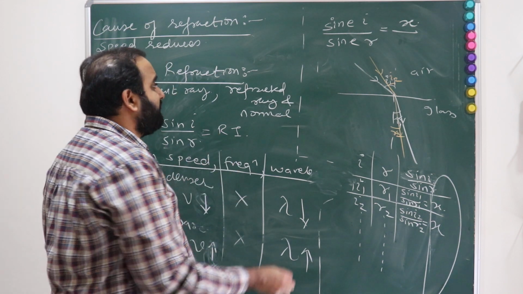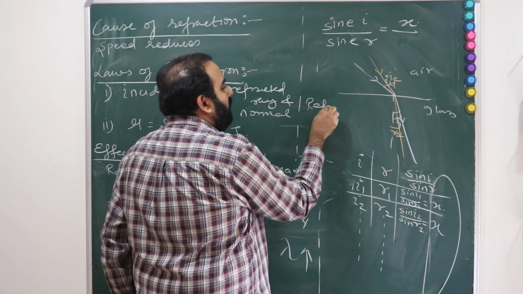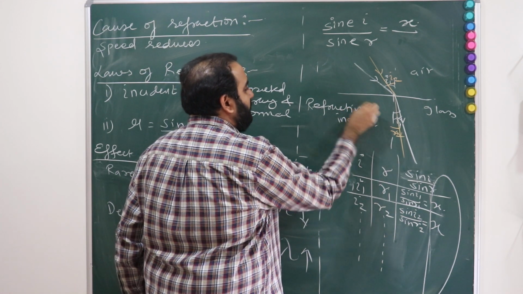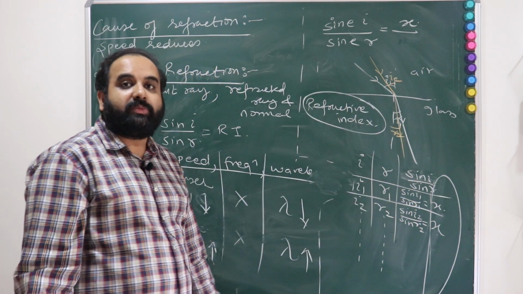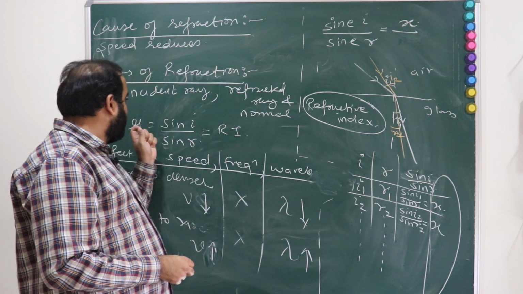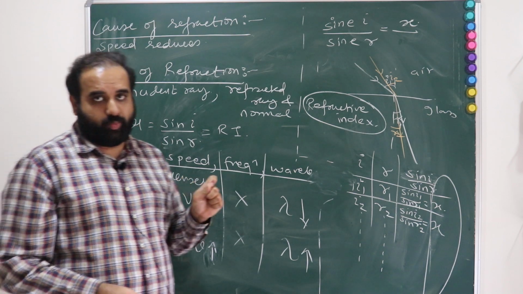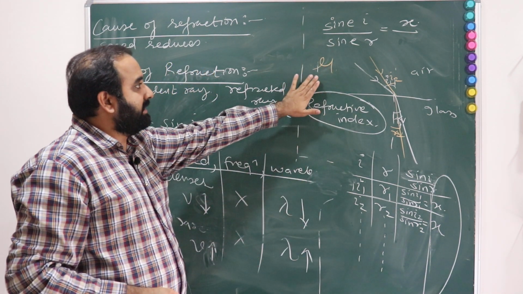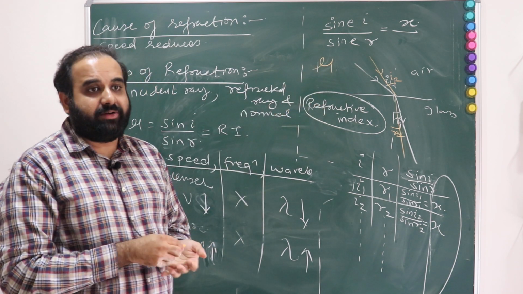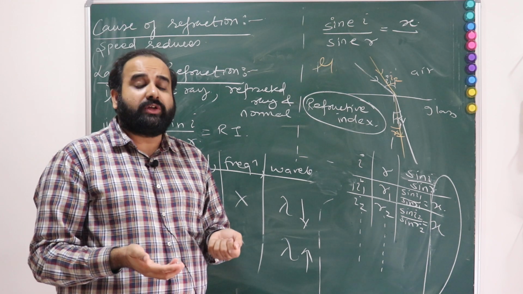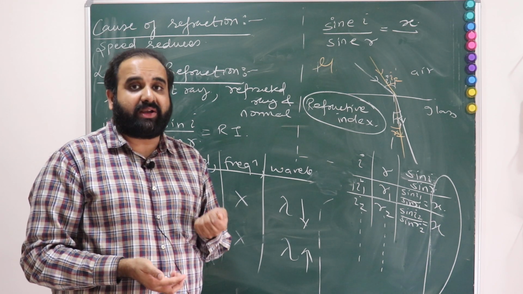And this constant value is nothing but called the refractive index. Everyone there with me? This particular value is called the refractive index, denoted by the symbol mu. Now let us understand what is the use, why we are going to use this particular value, refractive index.